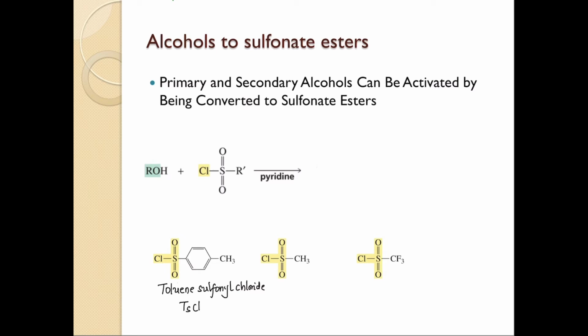And if the R group is a methyl group, then it's going to be methane sulfonyl chloride. And if you have a trifluoromethane group, where the 3 hydrogens are replaced by fluorine, therefore, it's a trifluoromethane sulfonyl chloride.